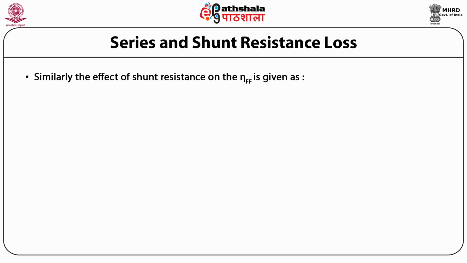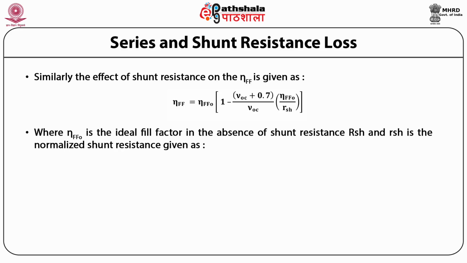Similarly, the effect of shunt resistance on the fill factor is given by eta FF equal to eta FF naught multiplied by (1 minus (voc plus 0.7) divided by voc, this whole multiplied by eta FF naught divided by rsh), where eta FF naught is the ideal fill factor in the absence of the shunt resistance, and small rsh is the normalized shunt resistance, which is given by capital RSH divided by RCH.